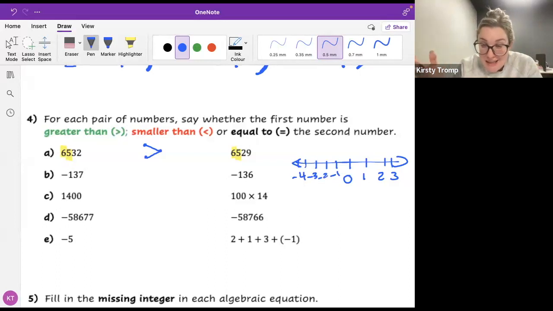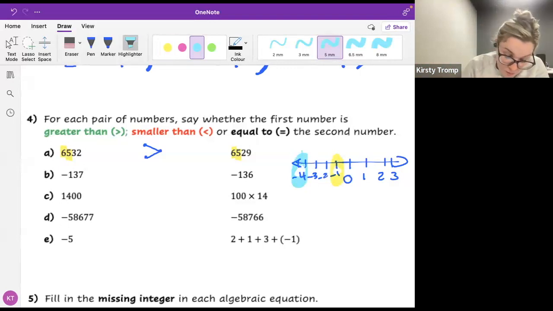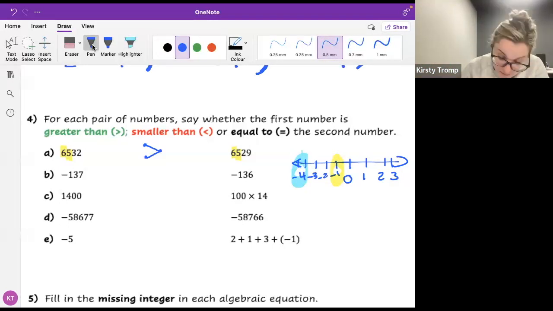In other words, negative 1 is bigger than negative 4, because negative 1 is closer to 0 than negative 4. So in this case, negative 136 is bigger, negative 137 is smaller, and I connect my dots. Hopefully that makes sense, Dimple.